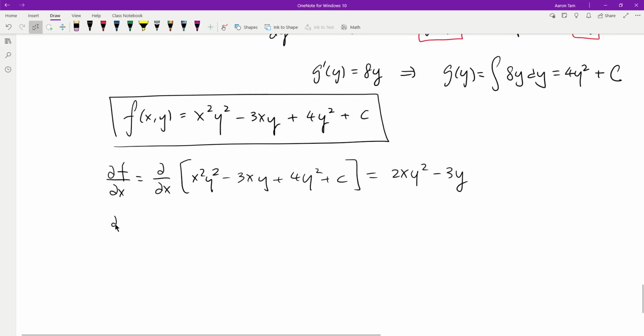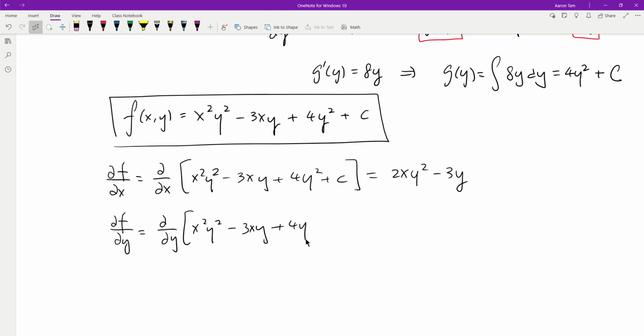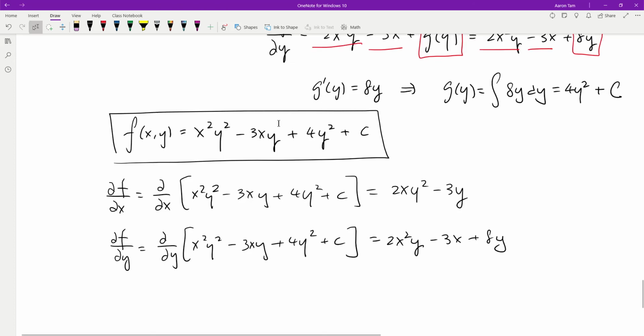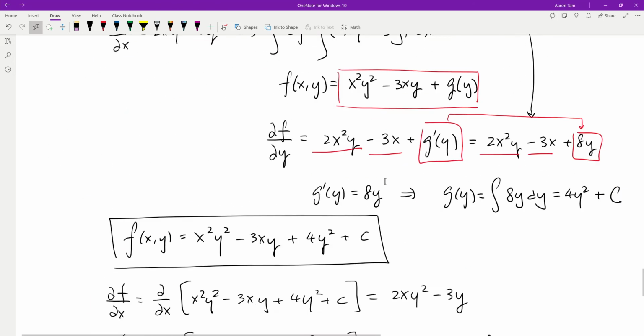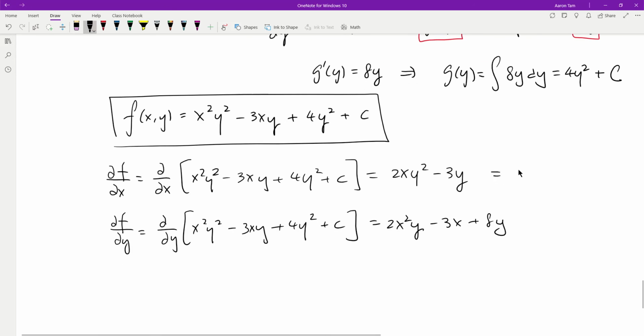And if I take the derivative of f with respect to y, that just becomes 2x squared y minus 3x plus 8y, which matches f2 right there. So this comes out to be f1, this comes out to be f2, which shows that we have a correct answer.